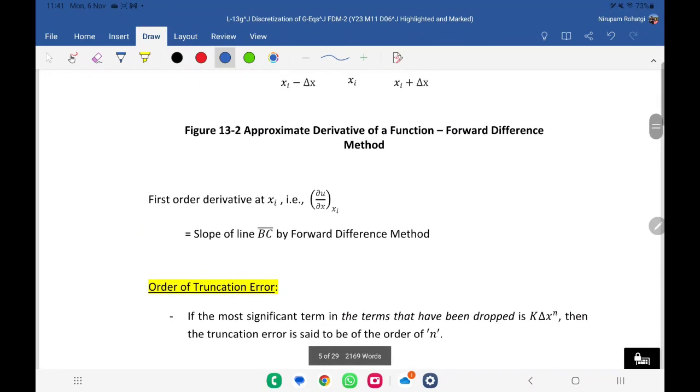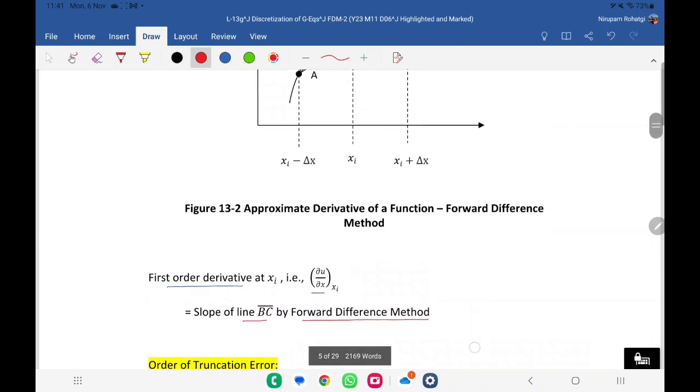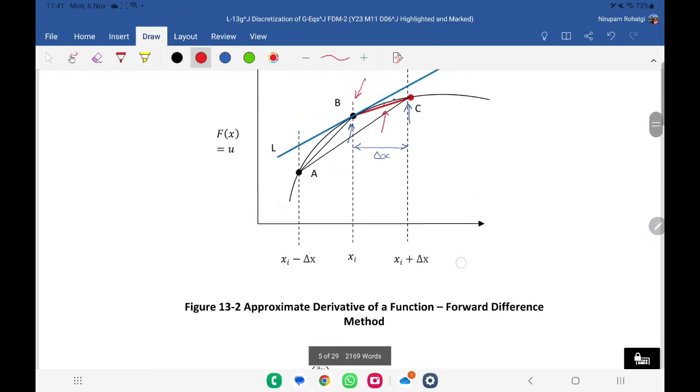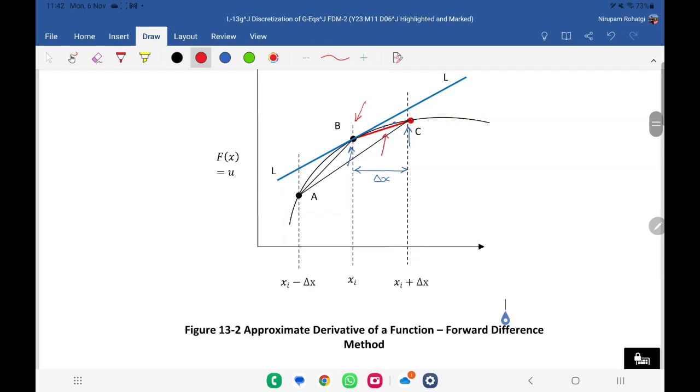Now, so what we can say is that the first order derivative at this point is the slope of line BC by forward difference method. What we are doing is, at the point at which we want to find the derivative, we are taking a point ahead of it and subtracting the current point value from it and dividing by delta x.